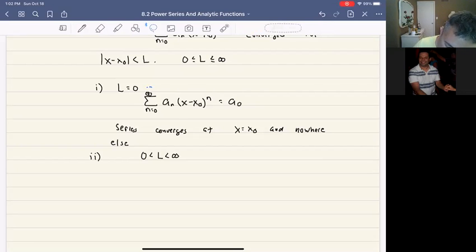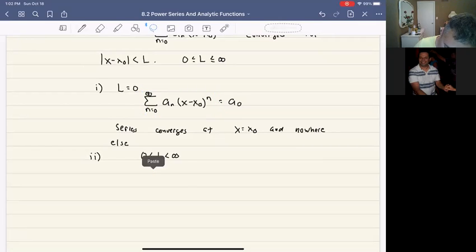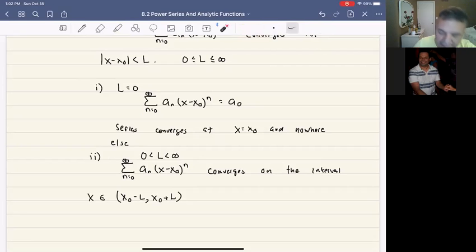And so this series, okay, converges on the interval x0 minus L to x0 plus L. When I write this like this means x is in the interval.